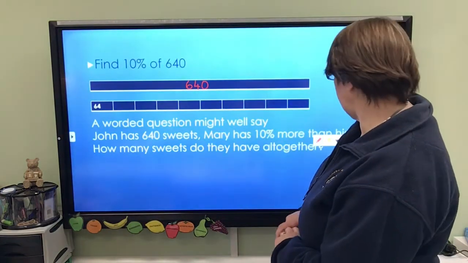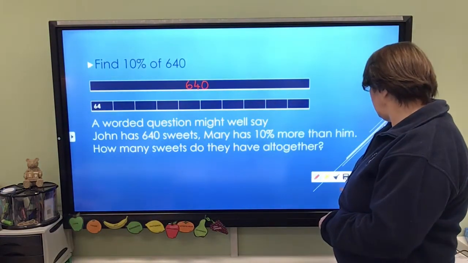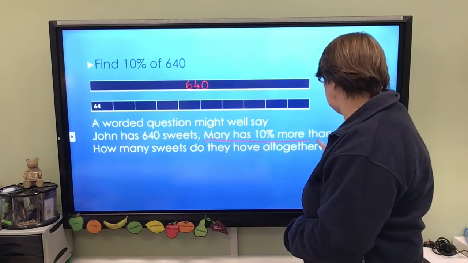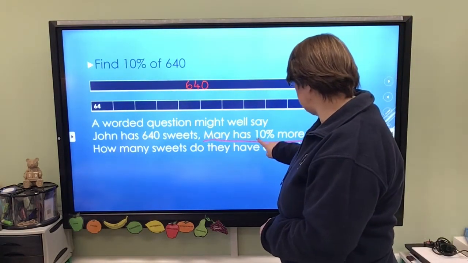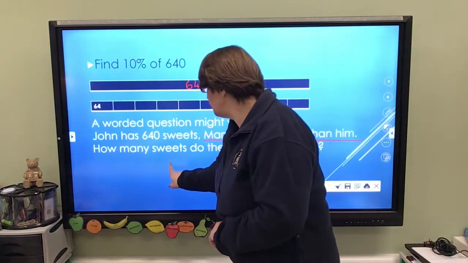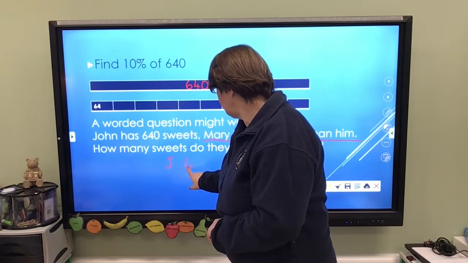So first let's work out, how much does Mary have? The important thing here is she has 10% more than him. So John has got 640.